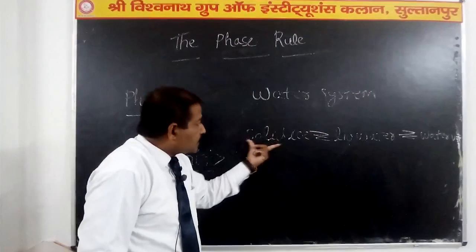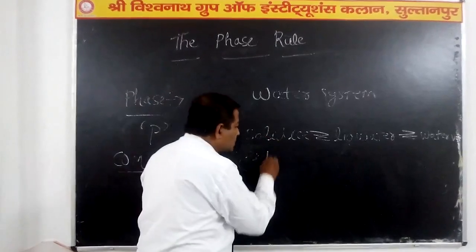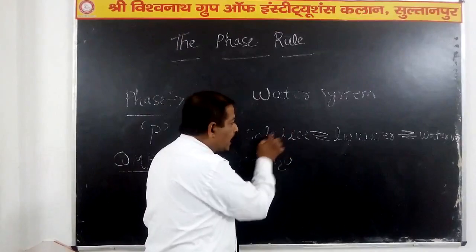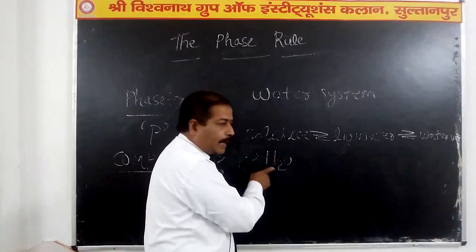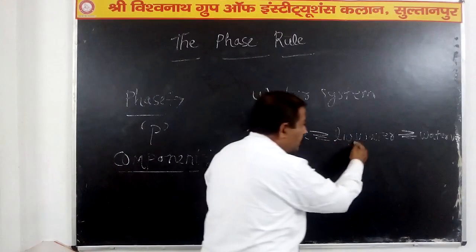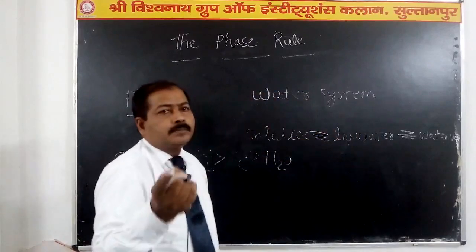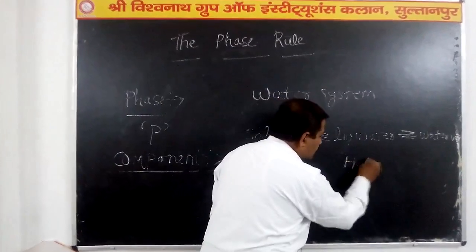The solid ice has the chemical formula H2O, which means the phase behavior of the water system having the solid composition can be defined by the single formula H2O. The second one, the liquid water, can be described by the chemical formula H2O.